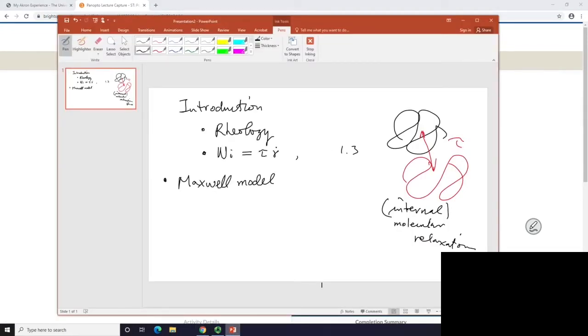He thought about the simplest way to model a viscoelastic material, in fact a linear viscoelastic material, which is to think about having a layer of solid on top of a layer of liquid.